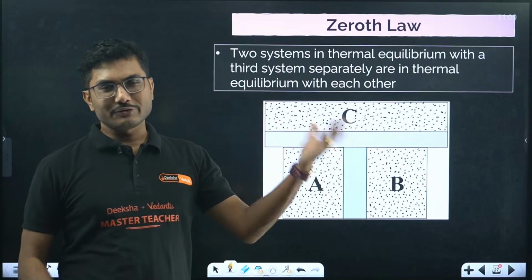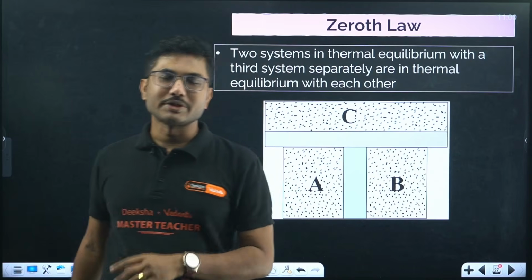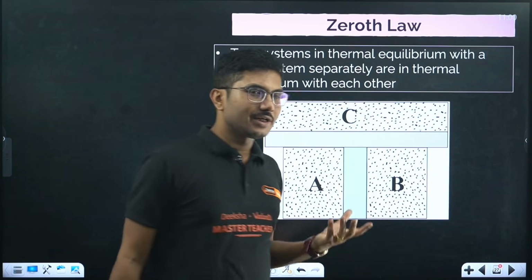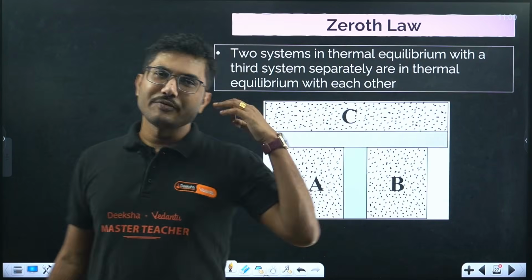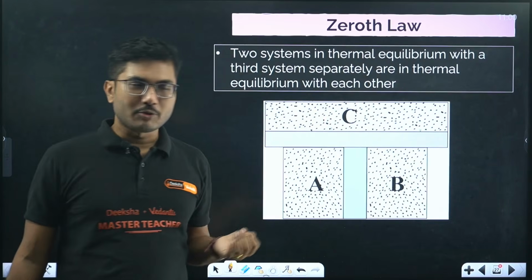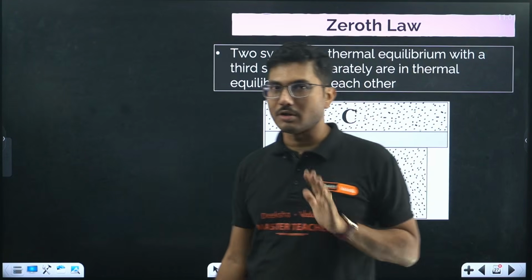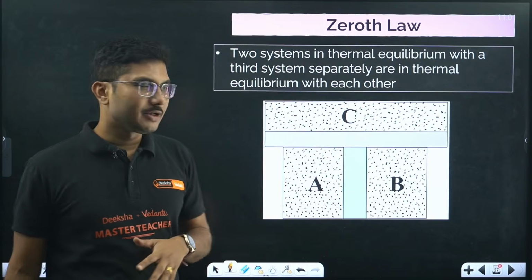Because the first law and second law were already occupied, and many books were already published based on them, if you want to change the laws, you have to republish everything, and that would be a very huge monetary problem. So they decided, okay, let's forget it, let's name it the zeroth law. That's how the zeroth law came into the picture.